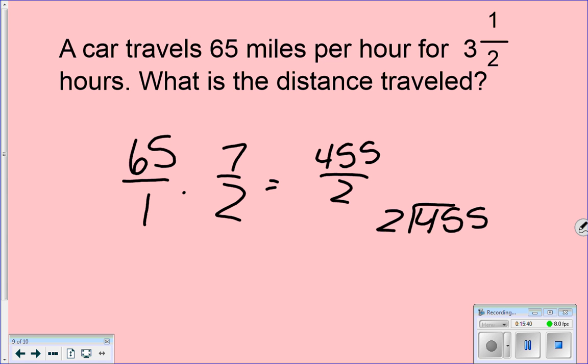So you get 227.2? Oh, 0.5. You're right, it can't be 0.2. 227.5. There we go.